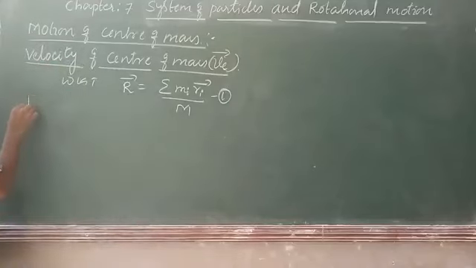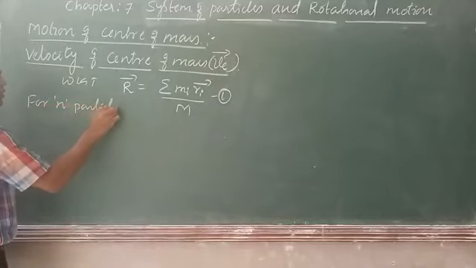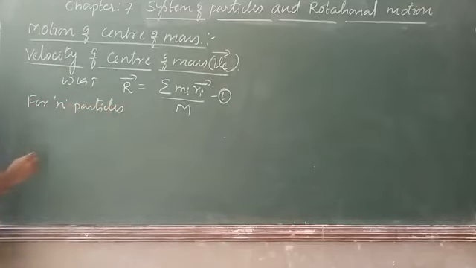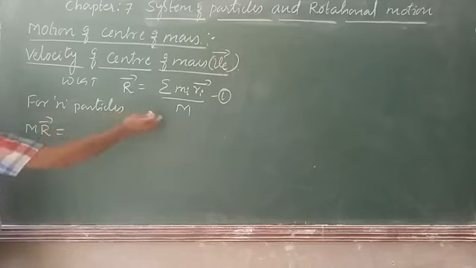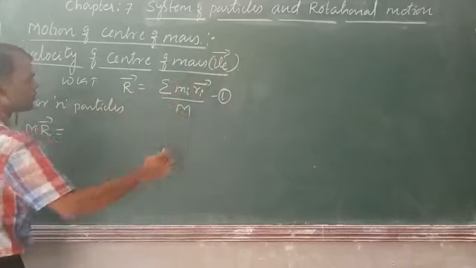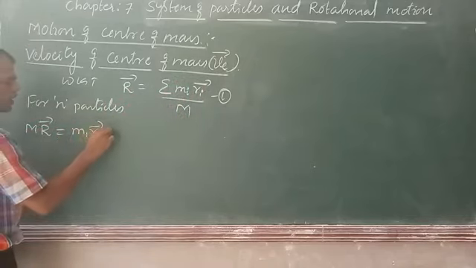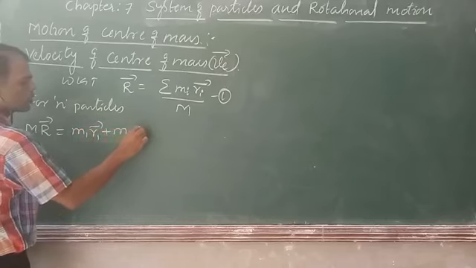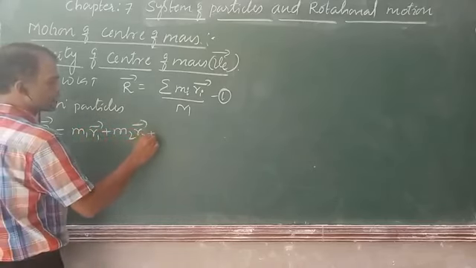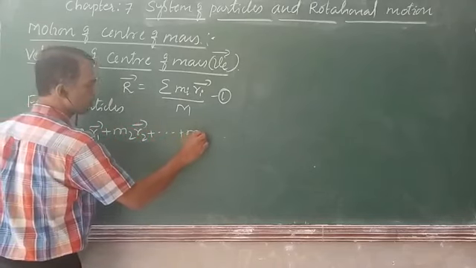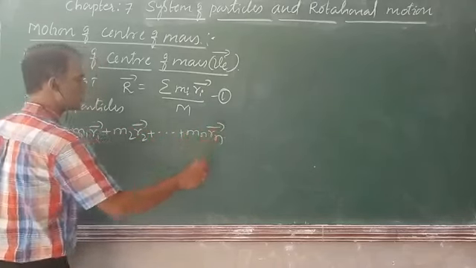For an n particle system, this equation can be written, by cross multiplying M, as M into r vector is equal to summation of mi ri, which means m1 r1 vector plus m2 r2 vector plus so on plus mn into rn vector.